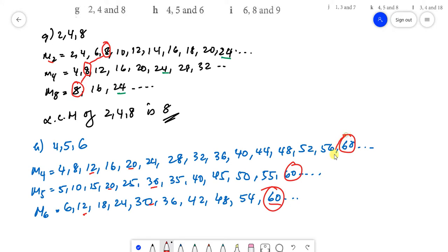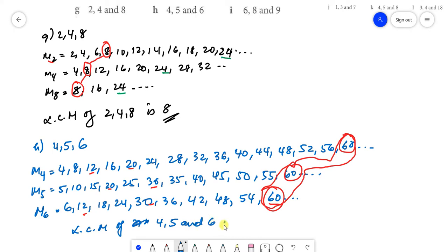So 60 is common in all the three multiples. So hence we can write LCM of 4, 5 and 6 is 60.